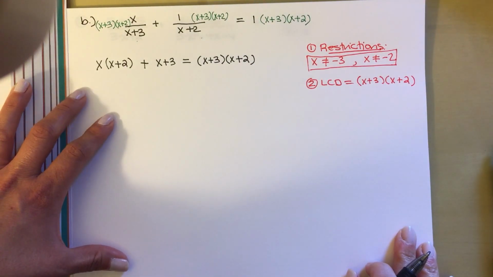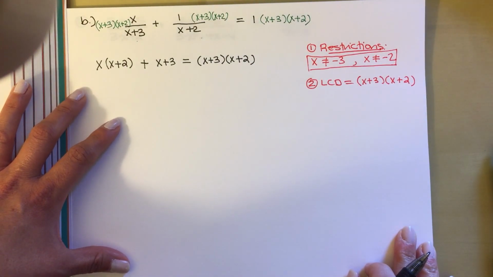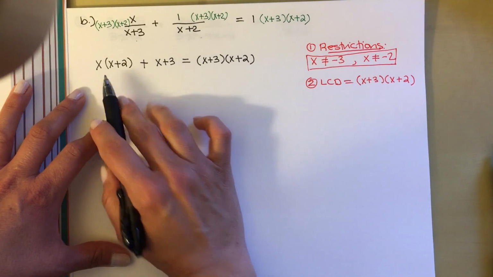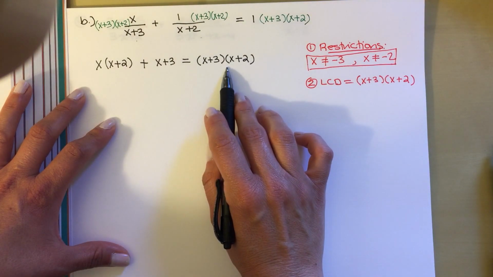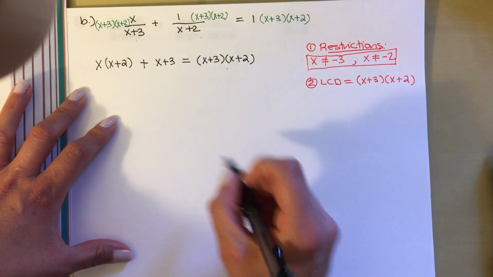So we have an equation without fractions. We need to distribute and also FOIL on the right side.